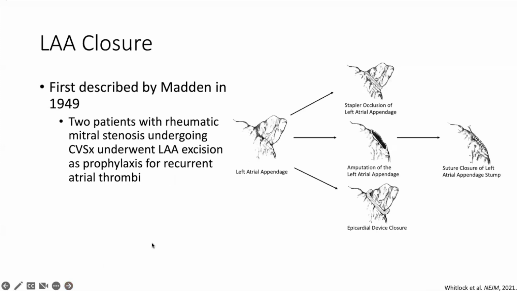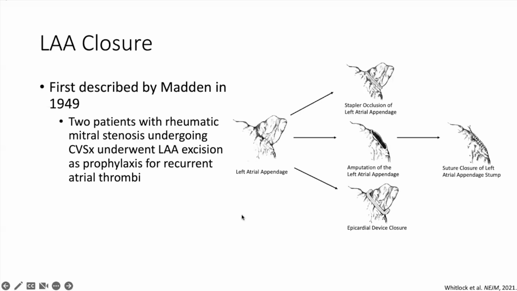So now moving on to talking about left atrial appendage closure in its different forms. So left atrial appendage closure was first described by Madden in 1949. This was a case series of two patients who had rheumatic mitral stenosis. They were undergoing cardiac surgery, and so they also underwent left atrial appendage excision as a prophylaxis against recurrent atrial thrombus.